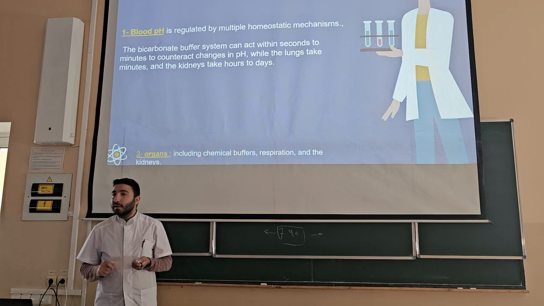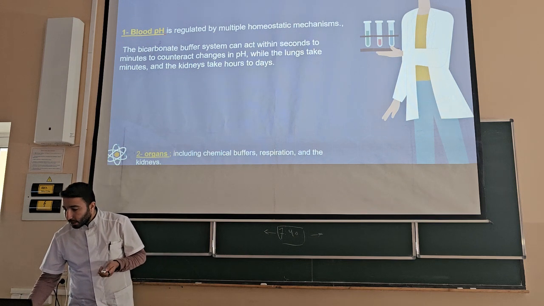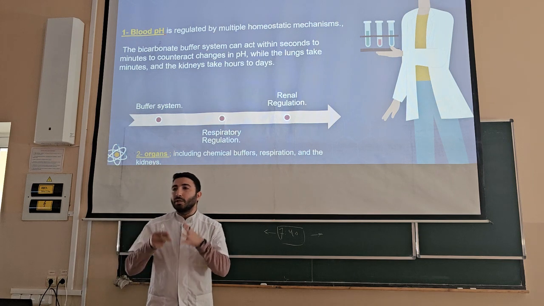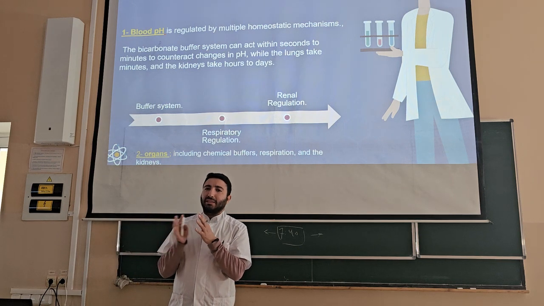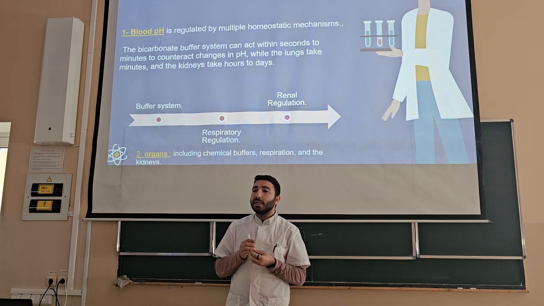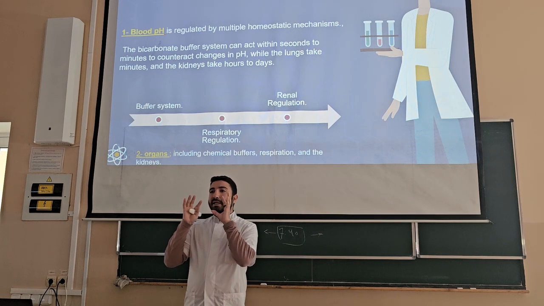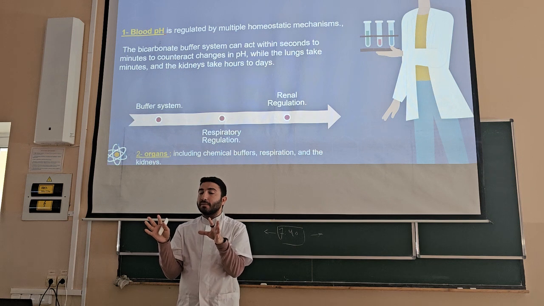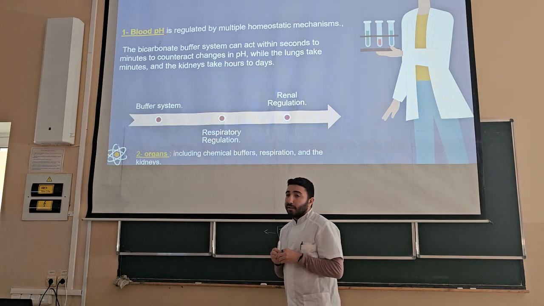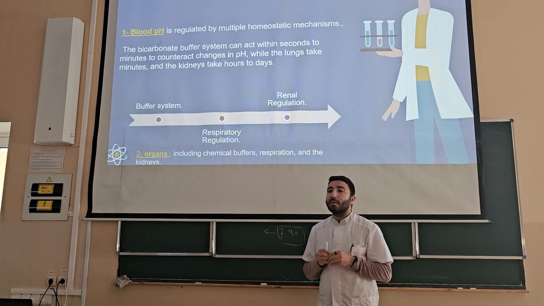Here, blood pH regulation. The pH, guys, will naturally be classified into two ways according to the regulation. First of all, we will start with the blood and the organisms. Here I would remind you about the buffer system.